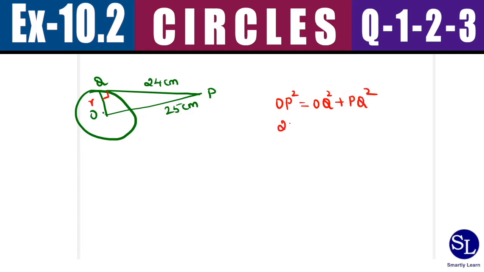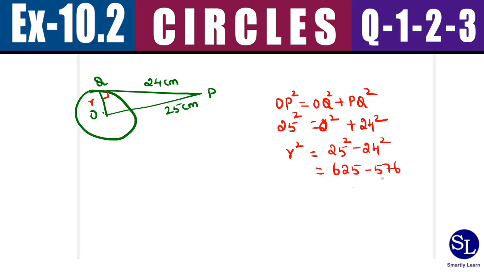Here OQ square is 25 square, OP is the unknown radius, plus PQ square is 24 square. So the square of the radius is 25 square minus 24 square, which is 625 minus 576, which is 49. So r square is 49, therefore r is equal to 7.